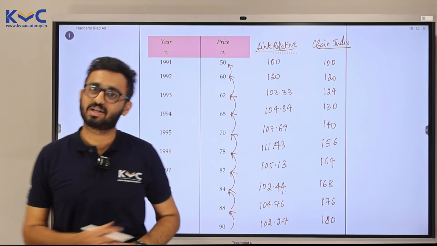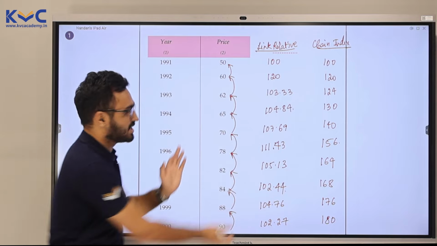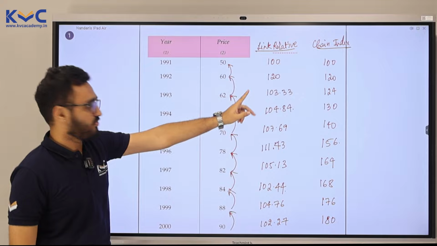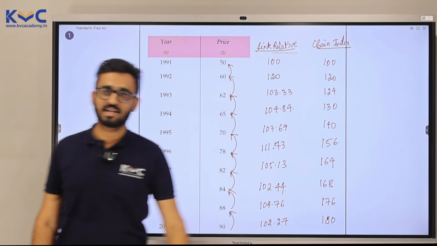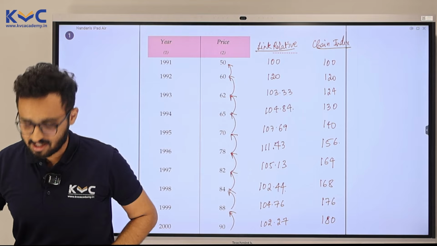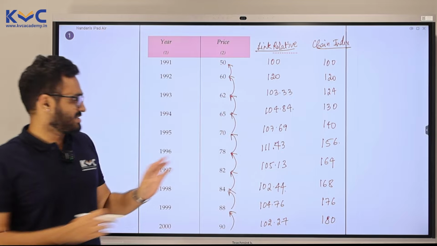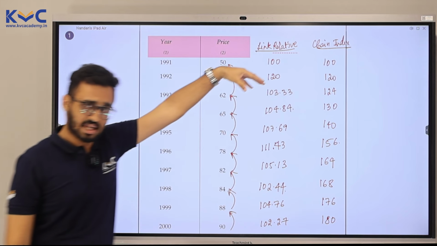Understood? So chain index number is again not a new concept. This is just chaining, where you get the link. You are comparing every passing year, then you get it back to the index numbers. That is what we call as chain index number. Is it clear? Did you understand? Basic, right? Not too complicated, just a little bit of steps involved, but ultimately what you get is same logic.